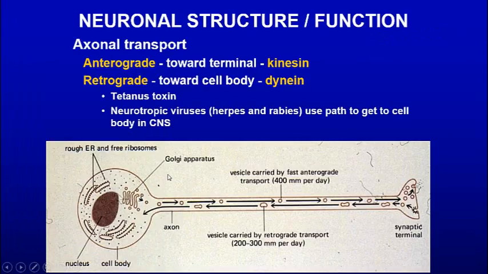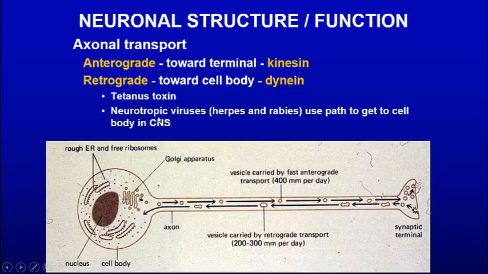Now, in terms of transmission from the cell body to the terminal, you have a couple of things. You have anterograde, which is toward the terminal, and kinesin is involved in that, so you've got transmission in that direction. And then we have retrograde toward the cell body, that is from the terminal out this way, and that's where dynein is involved, and that's where we get our tetanus toxin.